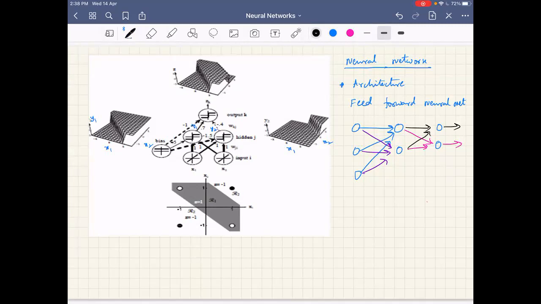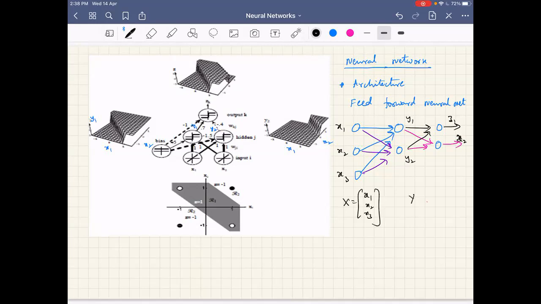So now, please note that if we have, say, x1 to x3, three inputs here, three input features, and y1 to y2, two hidden outputs, and z1 and z2, that is the output variable. So the input variables are x1, x2, and x3, right?